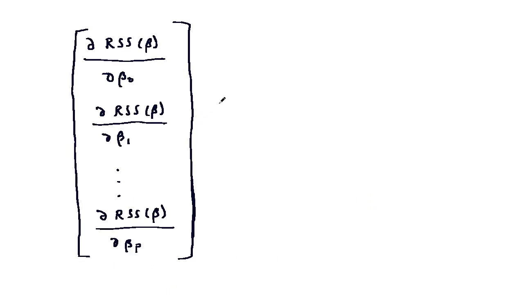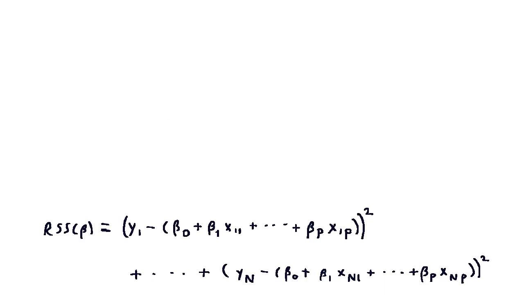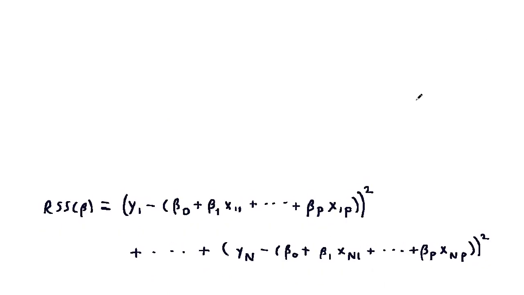Consider the vector of partial derivatives of RSS of beta: the derivative of RSS of beta with respect to beta 0, with respect to beta 1, and so on. Now the RSS of beta is y1 minus this squared plus dot dot dot plus yn minus this squared.